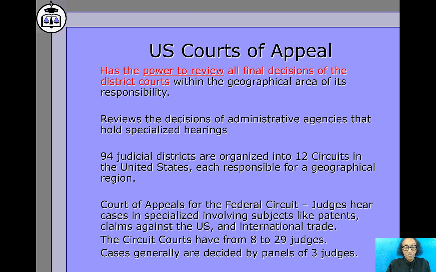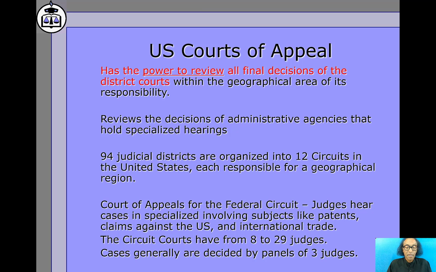There are 94 judicial districts organized into 12 circuits, each responsible for a geographical region, with one federal circuit. In the Court of Appeals, the judges hear cases, also specialized cases involving patents, claims, international trade, and so forth. Each circuit court has between 8 and 29 judges, depending upon how large the district is.